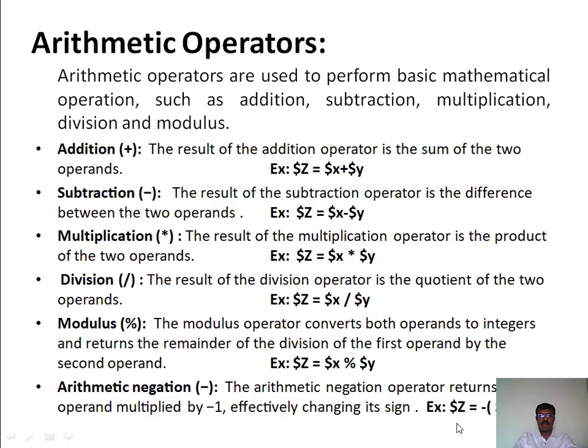Here is an example. Here I am assigning a negation value to the z. Here I am negating the sum of x and y to a negative value. So that will be stored in a variable z. That's about your arithmetic operators.